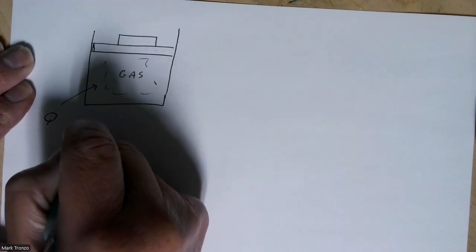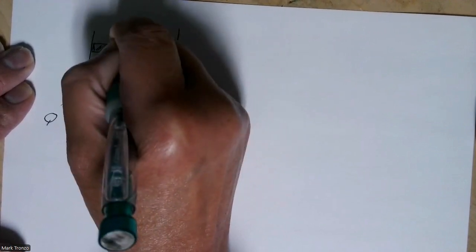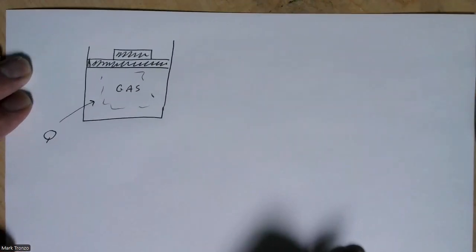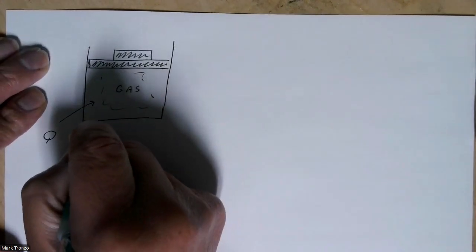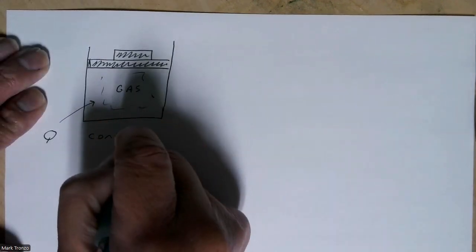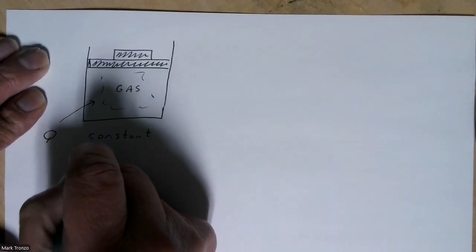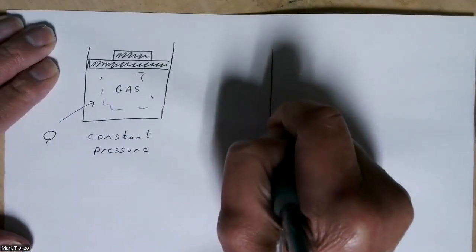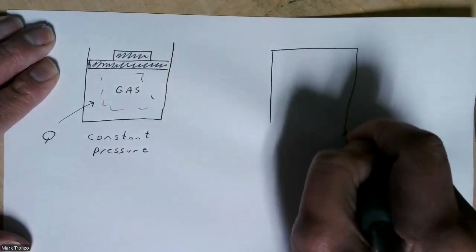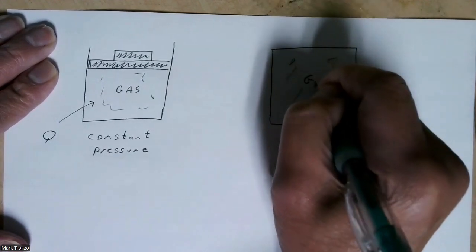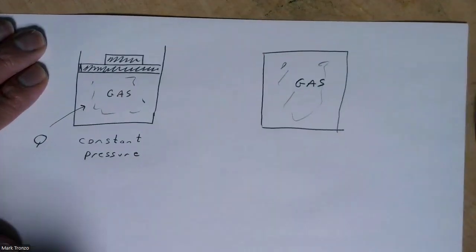This piston is free to move, and this mass keeps the gas at a specific pressure. Over here, you have the gas in a rigid tank.